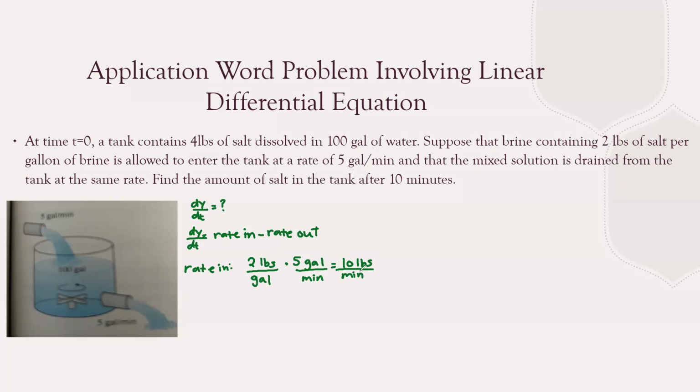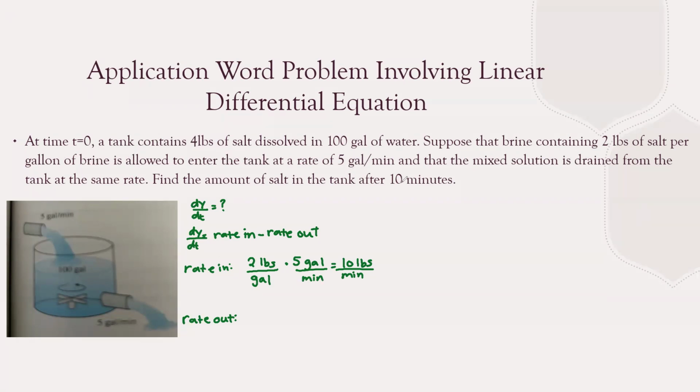Okay. And then the rate out, that's a tricky one. It says at time t equals 0, a tank contains 4 pounds of salt dissolved in 100 gallons of water. The brine enters at 5 gallons per minute, and the mixed solution is drained at the same rate.